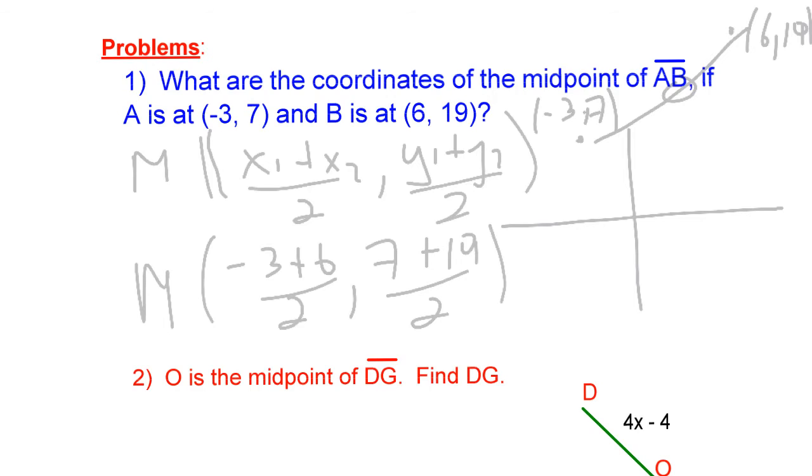So if you do calculations, negative 3 plus 6 is 3. 3 divided by 2 is 3 halves. So the midpoint will be 3 halves, comma 7 plus 19 is 26, divided by 2 is 13. Okay, so the midpoint will be 3 halves, comma 13, which is a little bit off my scale, but it makes sense. Okay, so the midpoint is 1 and 5/10, comma 13.